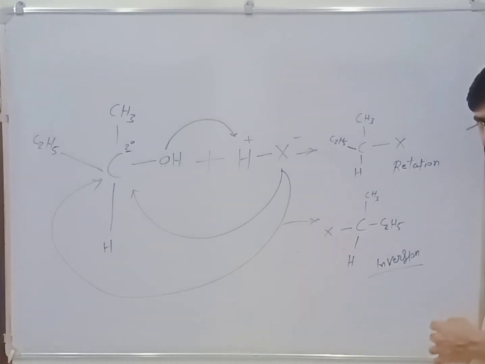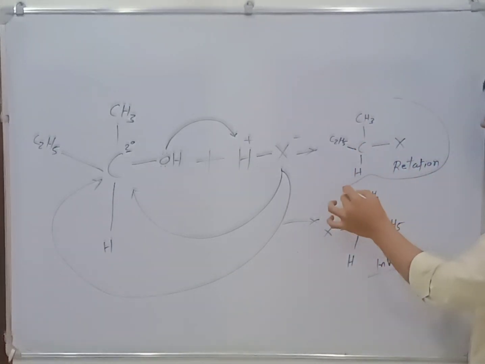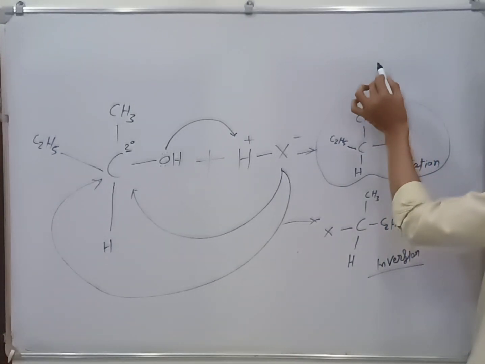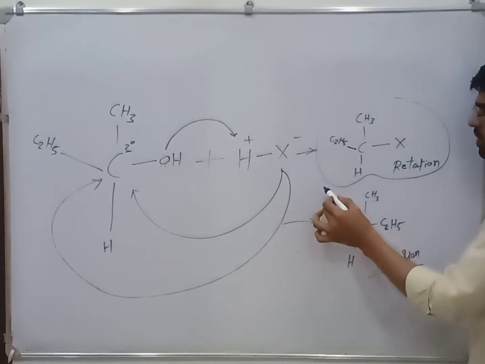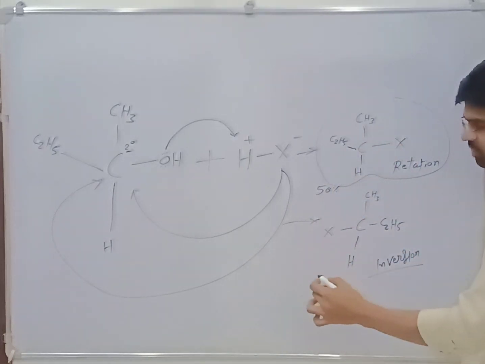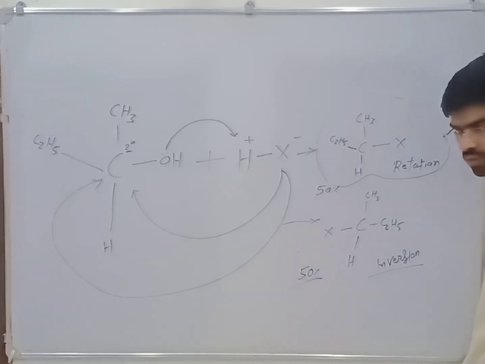So 50% of the product we can form is retention product and 50% inversion product.